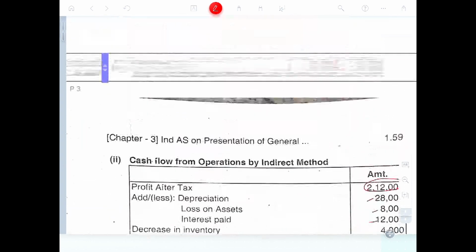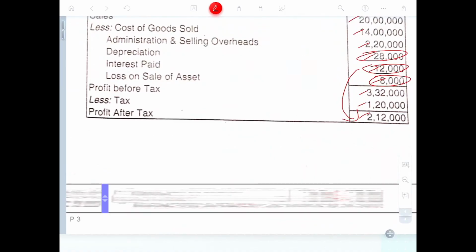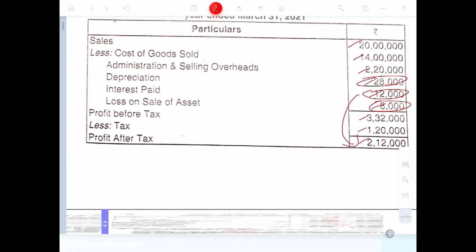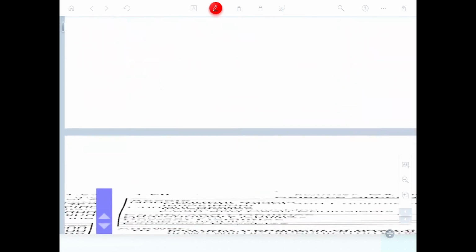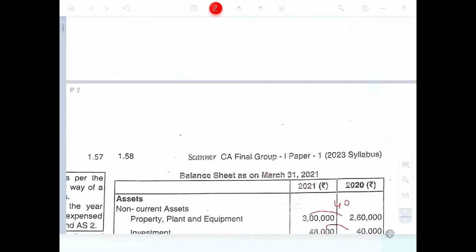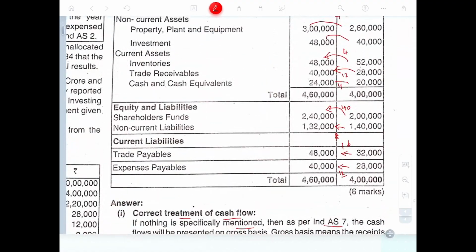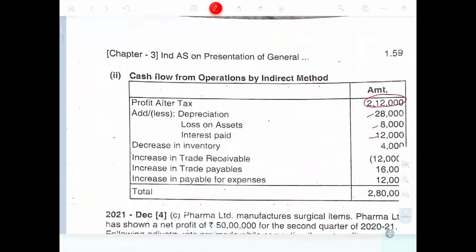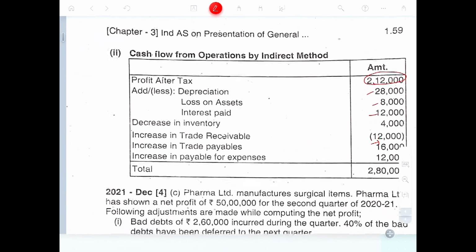Having added those, now the decrease in inventory: cost of goods sold, administration overheads, inventory value. Yes, inventory 4,000, right? Decrease in inventory is added back.